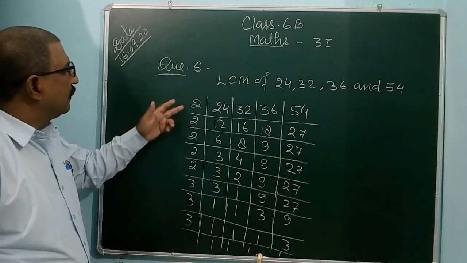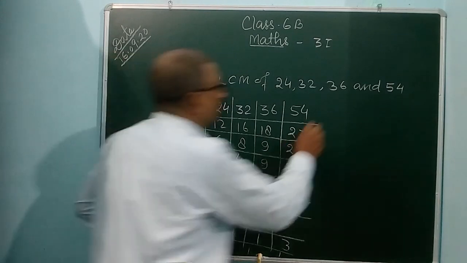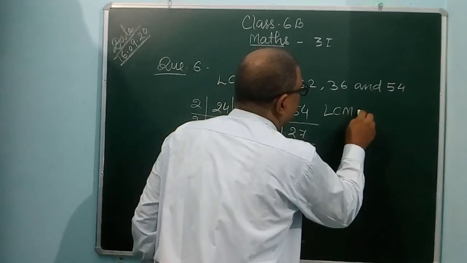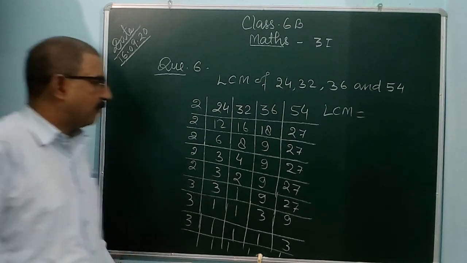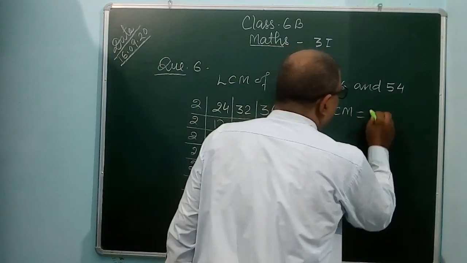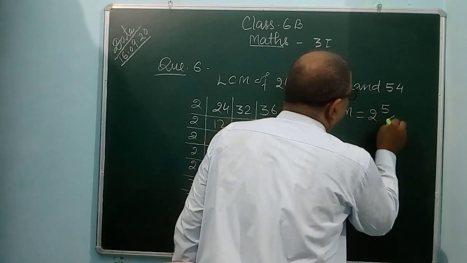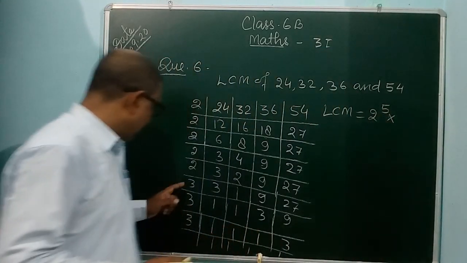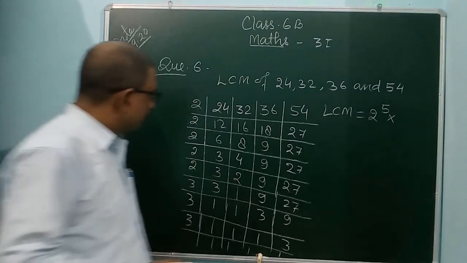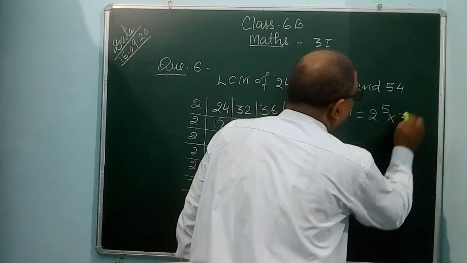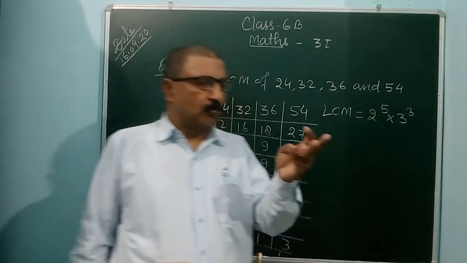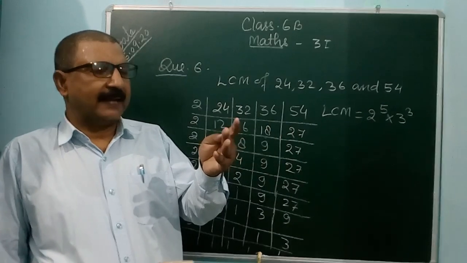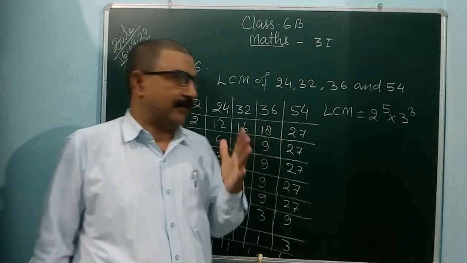So you can see how many times 2 appears in the LCM: 1, 2, 3, 4, 5 times. So 2 five times, into 3 three times. 2 2s are 4, 8, 16, 32.